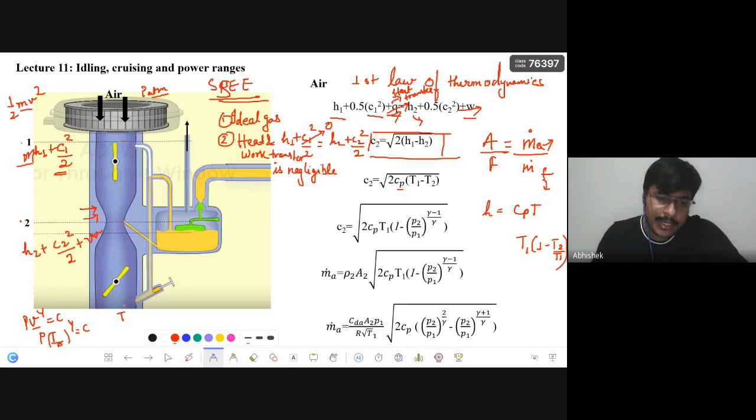So it will be T to the power gamma, P to the power (1 minus gamma) is equal to constant. So in place of T2 by T1, what can I write? It is P2 by P1 to the power (gamma minus 1) by gamma. So that is what I have substituted here, correct? Everyone followed how this happened?